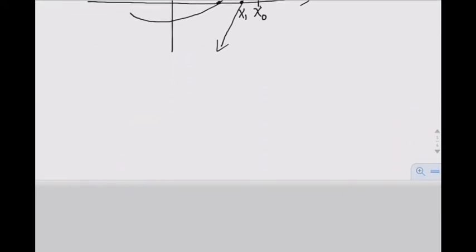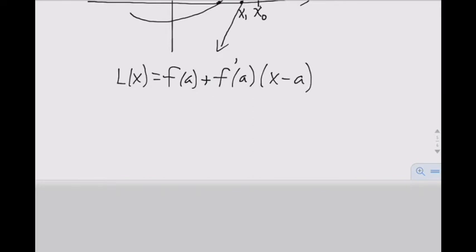We said we could write the local linearization as my jump-off point, f of a, plus the derivative, that was the slope, the rise over run, at that point, times the run, which is x minus a, how far away x is from a.